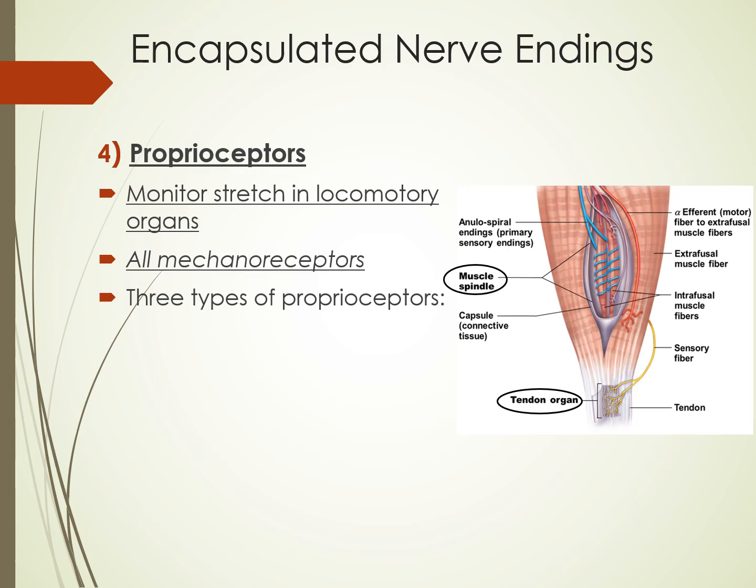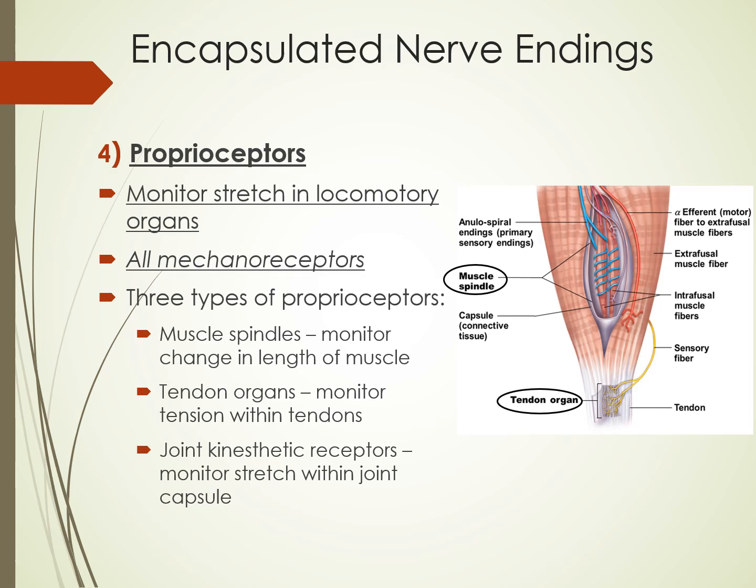So our last type are the proprioceptors. These guys are encapsulated nerve endings. They're all mechanoreceptors, so they are all going to monitor stretch, but they're found in the muscle, the tendons, and the joints. So again, you don't need to know the very specific places and what they're called, like the muscle spindles and the tendon organ.